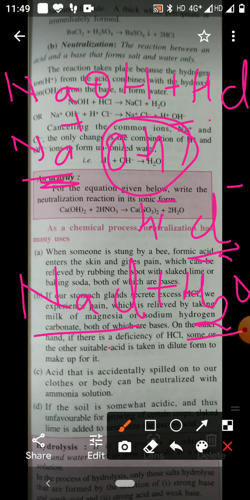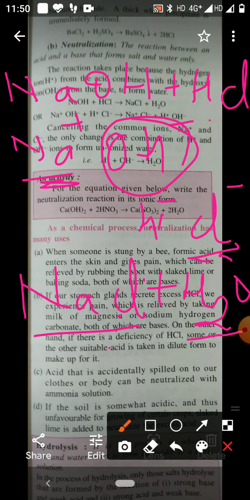After that, the metallic ion of the base and the non-metallic ion of the acid combine together to produce salt. So that's why it is said that the reaction between an acid and a base is called a neutralization reaction, and the products of the neutralization reaction are salt and water only.